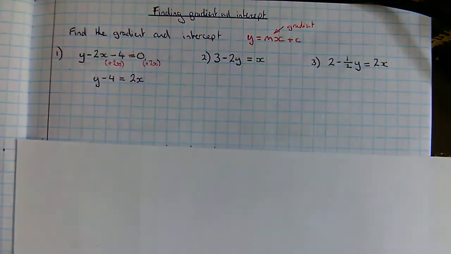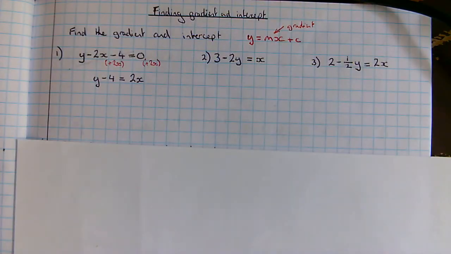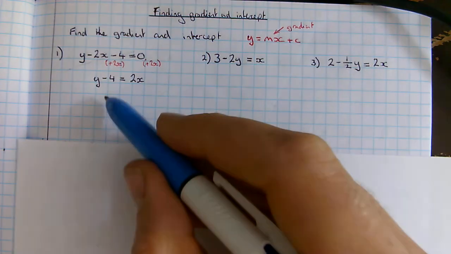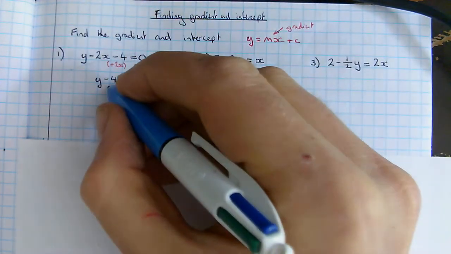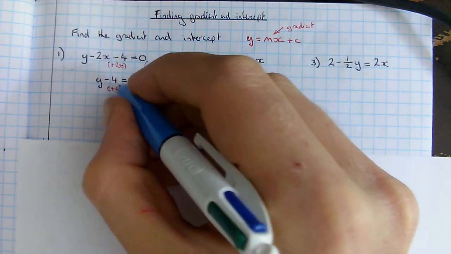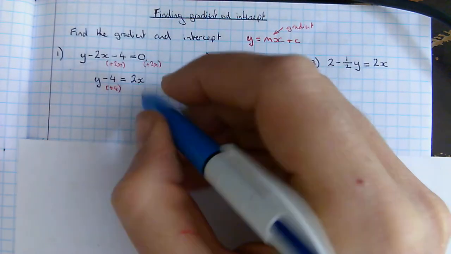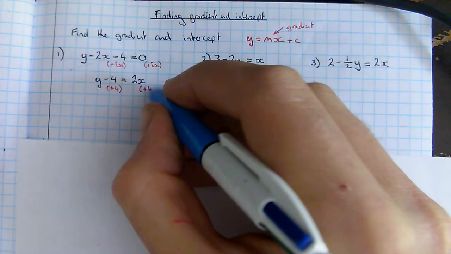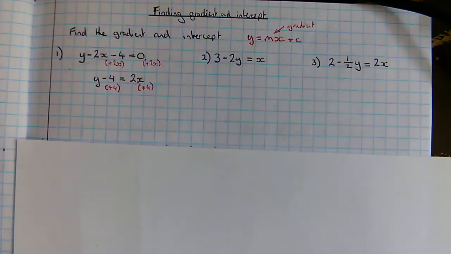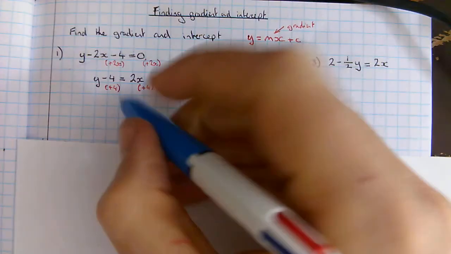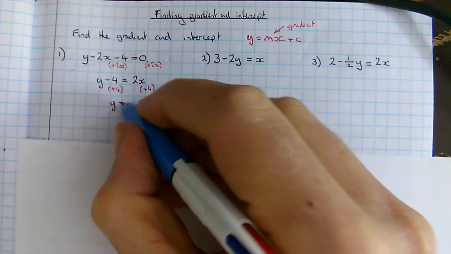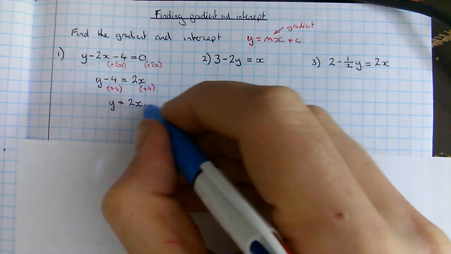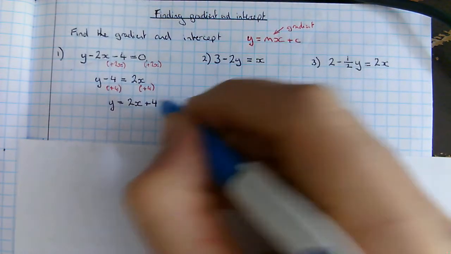Still not quite right, because I've got that minus 4 there on the left-hand side, which I don't want. I want to get rid of that. So the opposite of this minus 4 is to add 4. If I add 4 to the left-hand side, I need to do the same to the right-hand side, and it tells me y equals 2x plus 4.